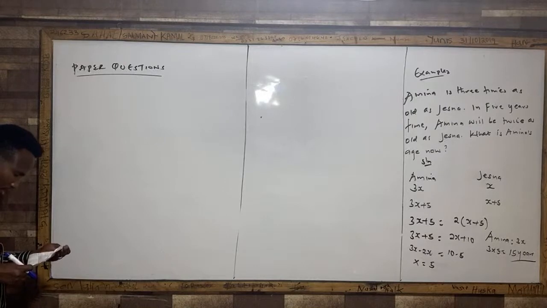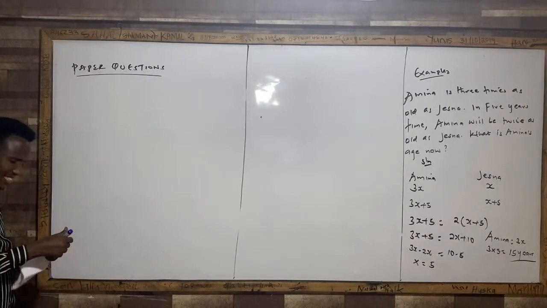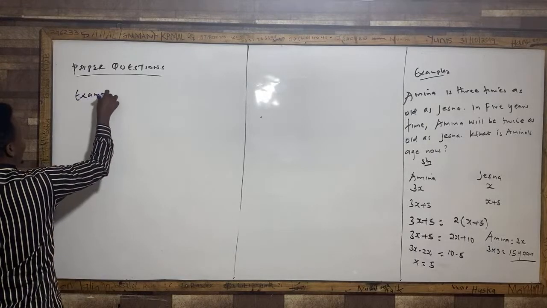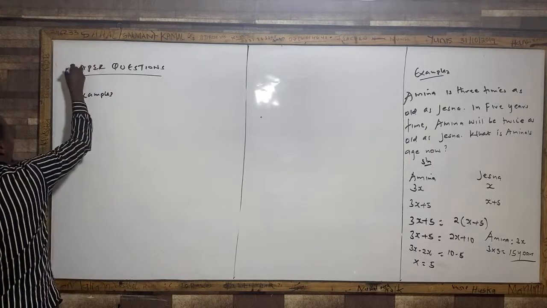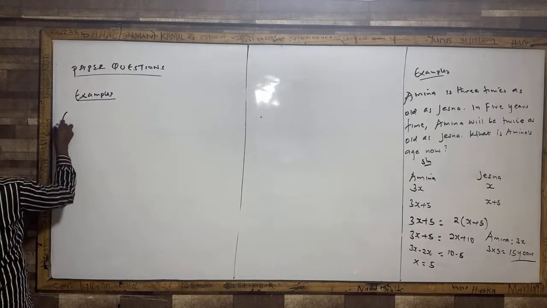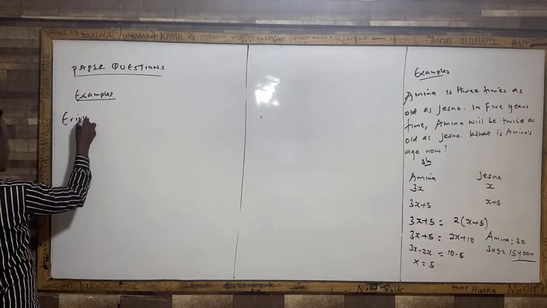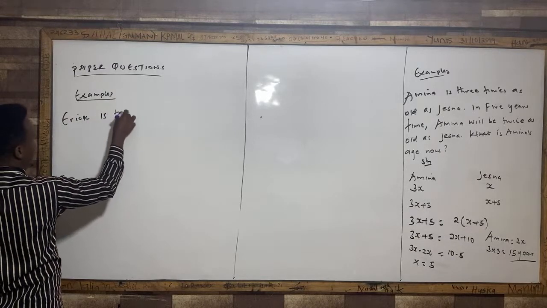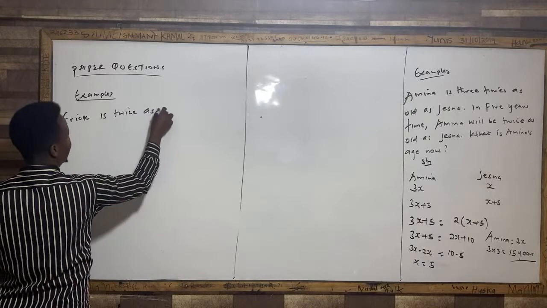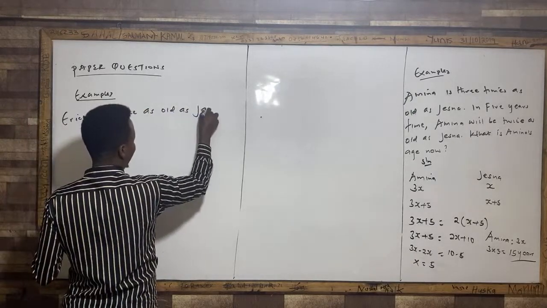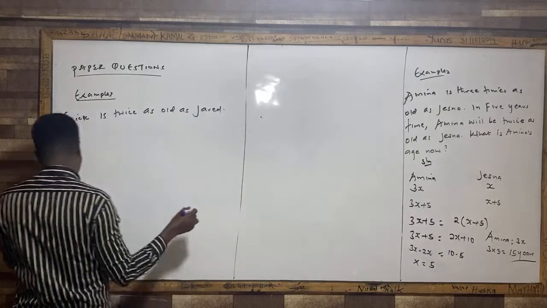Okay. Eric is twice as old as Jared. Look at this one. Remember, we are dealing with paper 1 questions, okay? You are told Eric is twice as old as Jared. Full stop.